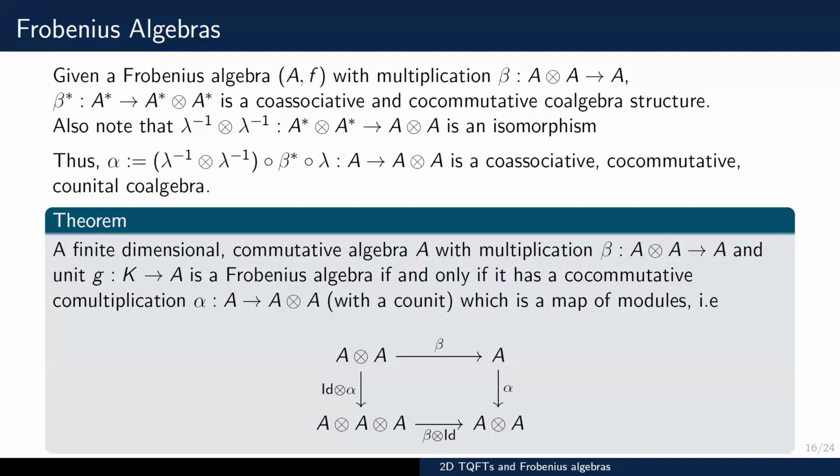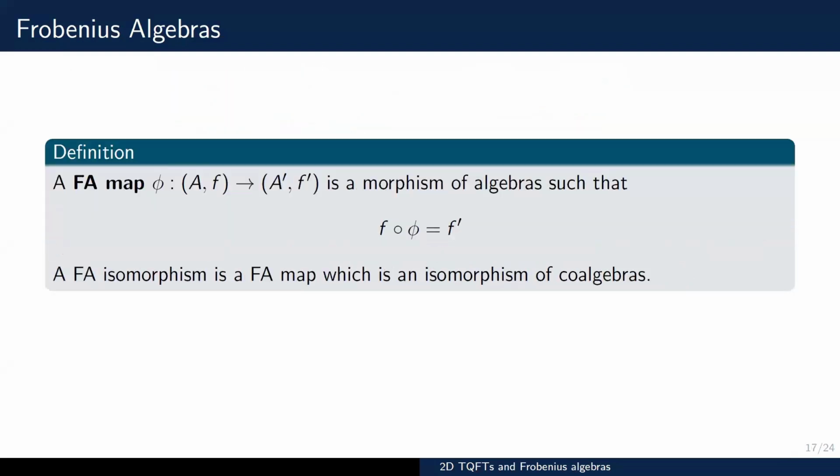There is a lot more that can be said about Frobenius algebras and describing them, and even the category that we're going to describe. More or less, we're going to stop here after this final definition, which is the notion of a map of Frobenius algebras. It is just a morphism which pulls back the linear form.